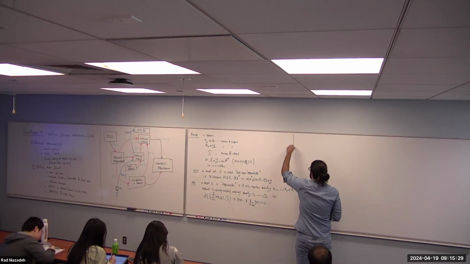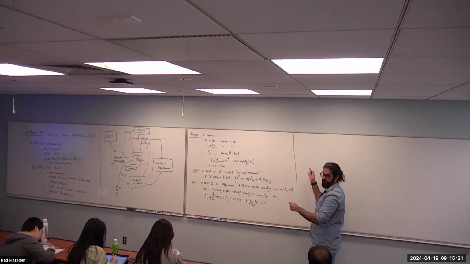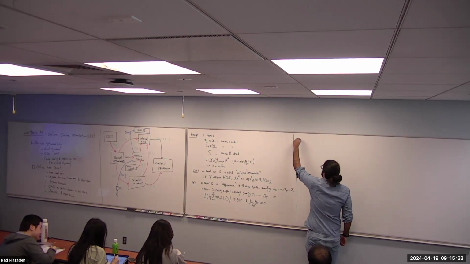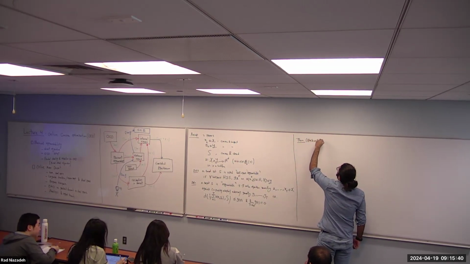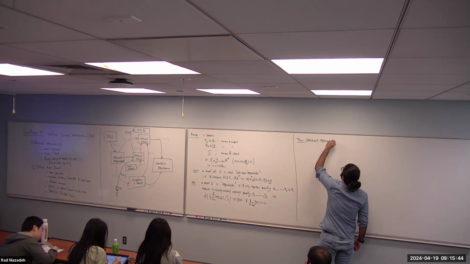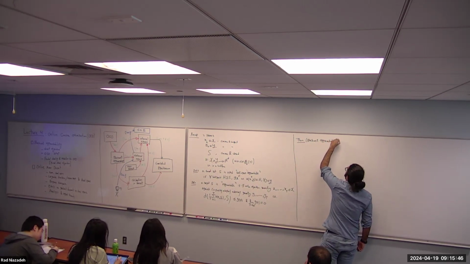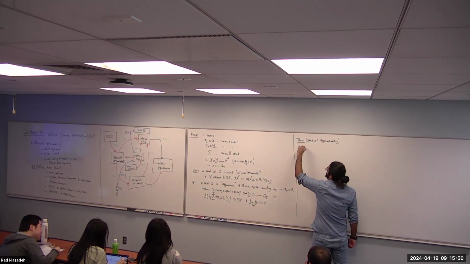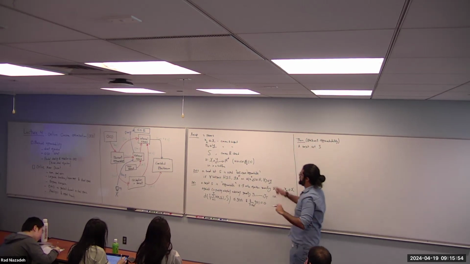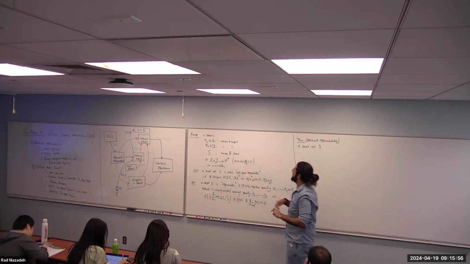And then here's the theorem that we're now going to actually prove. The theorem, Blackwell approachability: for target sets S, and every time I say a target set S, you should really think of it as a convex and closed set.